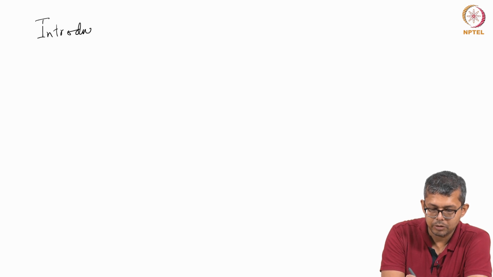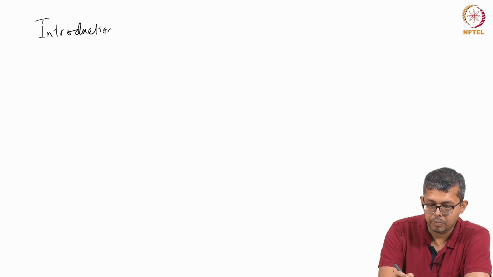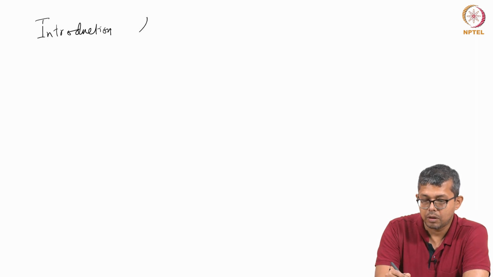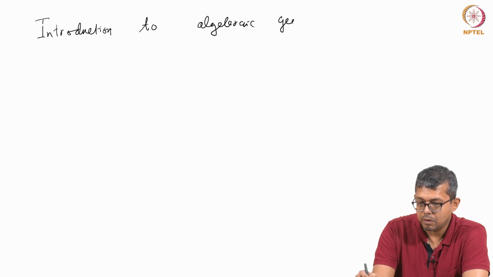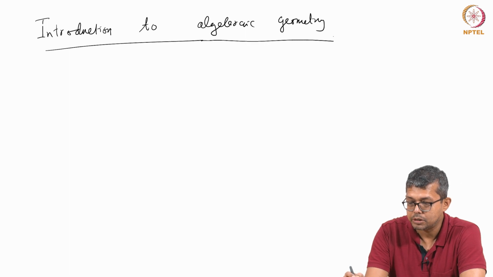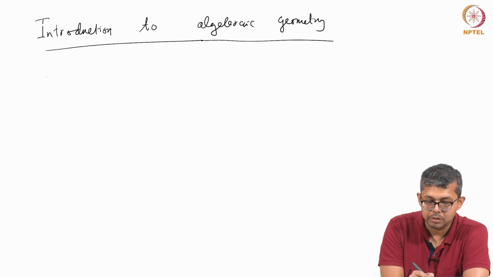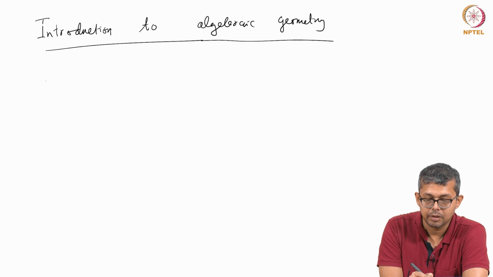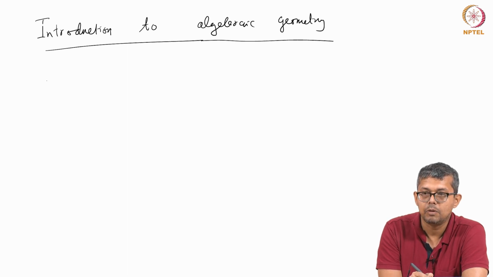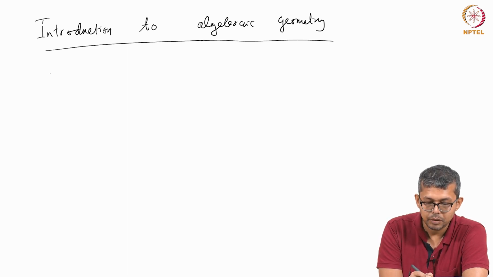So, this is an introductory course in algebraic geometry. The aim of this course is to introduce the basic notions and concepts in the subject, and at the end probably we will prove a few theorems, some basic theorems.